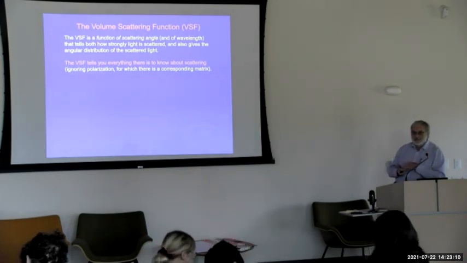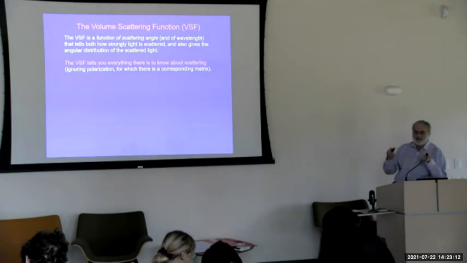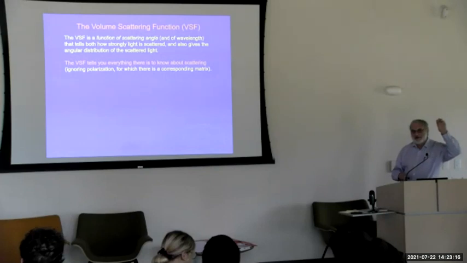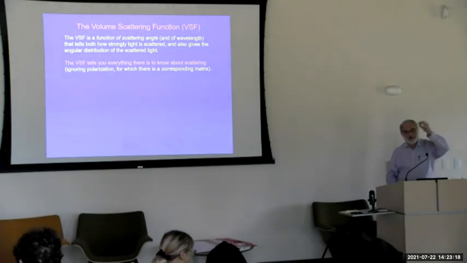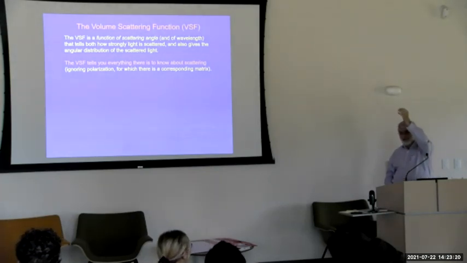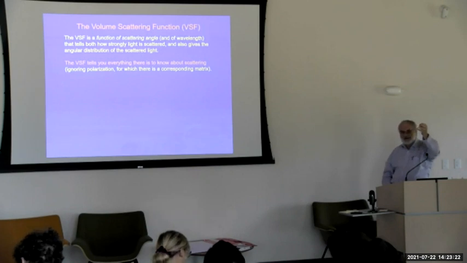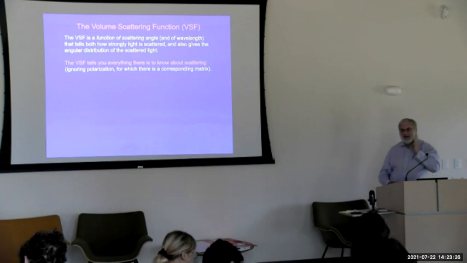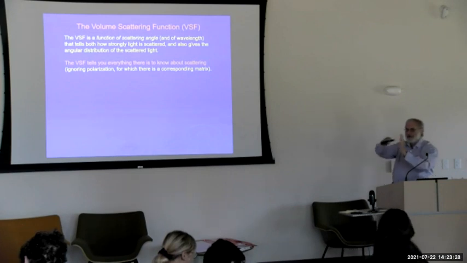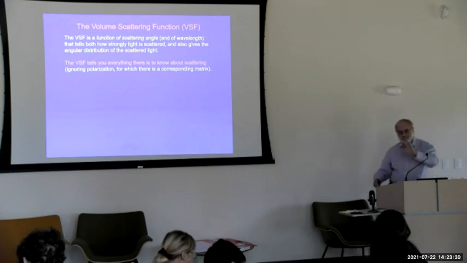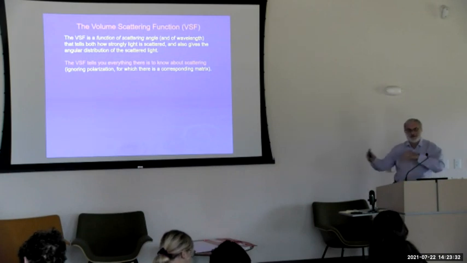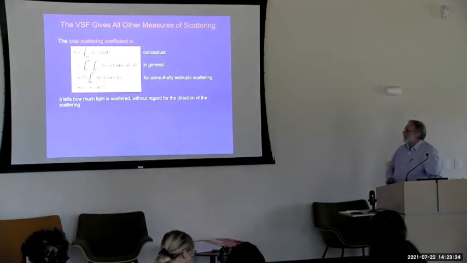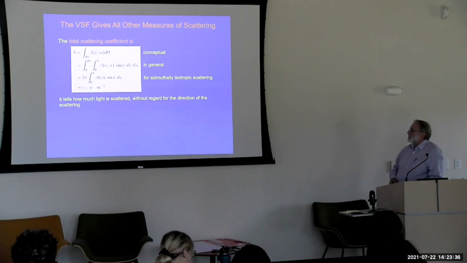If you're doing polarized light, there's actually a 4x4 matrix, and the 1,1 element of the matrix tells you how unpolarized light scatters into unpolarized light. That's the VSF. The other 15 elements tell you things like how vertically linear scatters into horizontally linear, how left circular scatters into right circular, and so on. More on that next week or when Ken gets here.